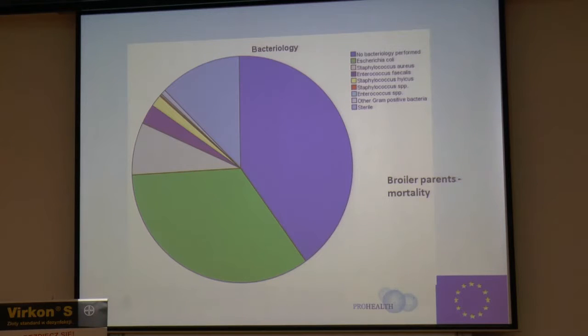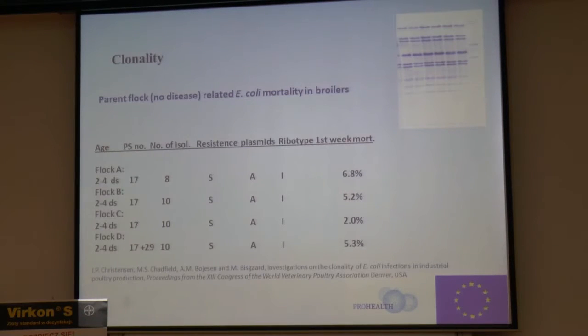Other agents may be involved, but that's only rarely seen under our conditions, at least. So with that, I think I demonstrated that E. coli in most production systems is very, very important, and from my point of view, the most economically important bacterial infection.